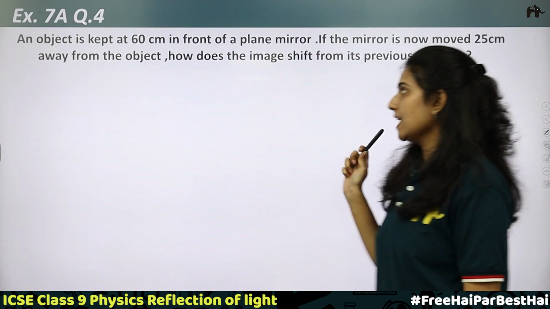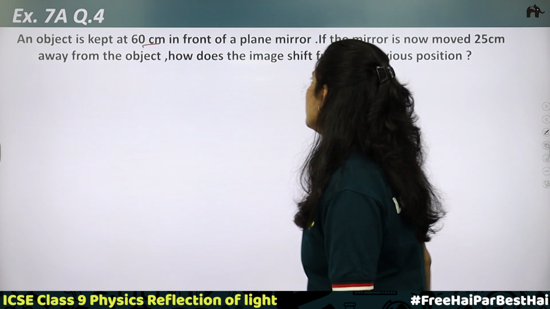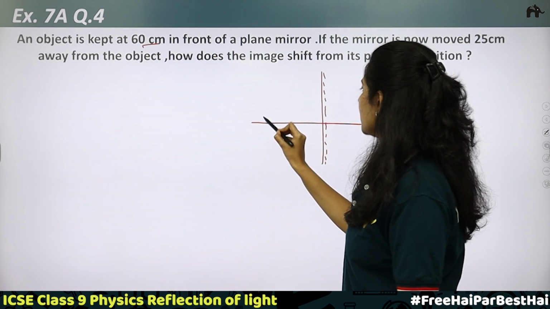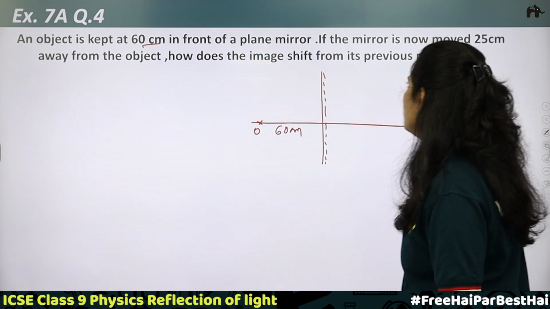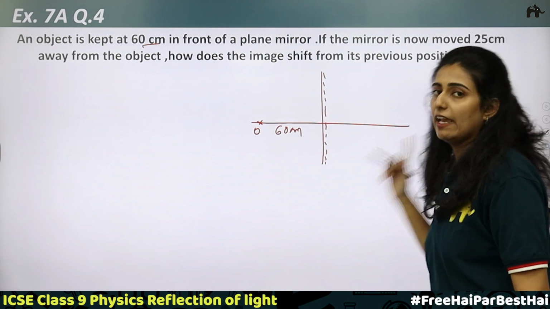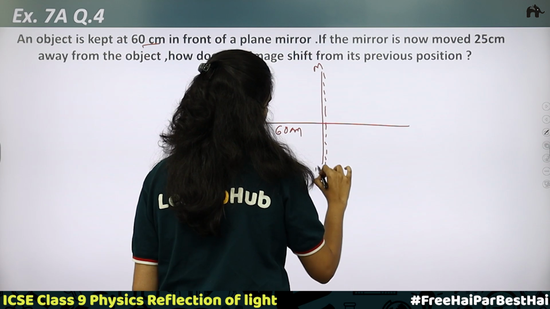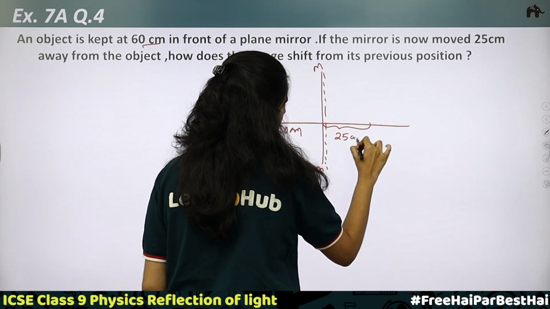Question 4 of exercise 7a. An object is kept at 60 centimeter in front of a plane mirror. So here we have a plane mirror. If the mirror is now moved 25 centimeter away from the object, so this is M dash, it is moved by 25 centimeter.